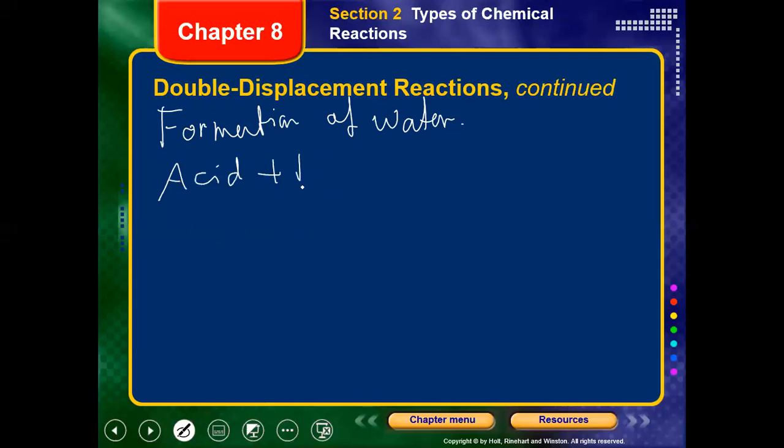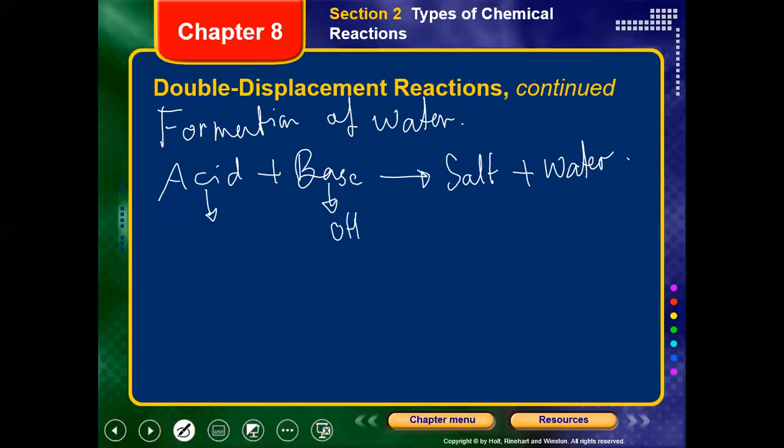Acid plus base produces salt plus water. All of us know what we mean by base, which is OH. And there are two types of acids, either binary acids or oxyacids.